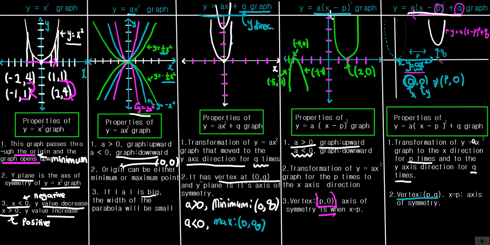We need to find the axis of symmetry of the a times x minus p squared plus q graph because for the y is equal to ax squared graph, the axis of symmetry is the y-axis, but the standard of its axis of symmetry is the case when the x value makes this whole expression turn into 0.